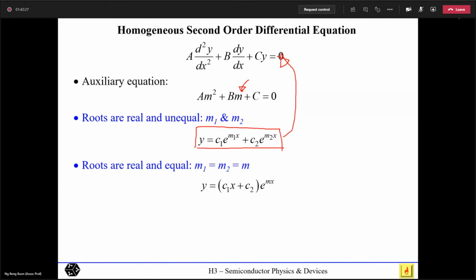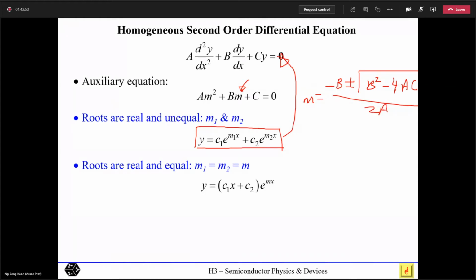Now in the case where the roots are real but actually equal in value, which is possible, remember the solution: if you apply the formula, your m will be minus b plus minus square root of b squared minus 4ac, over 2a.